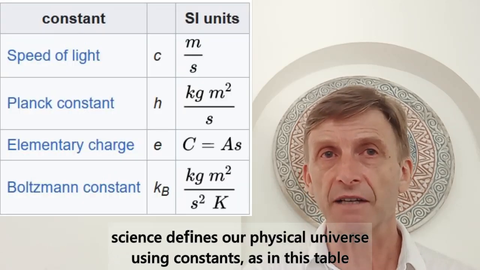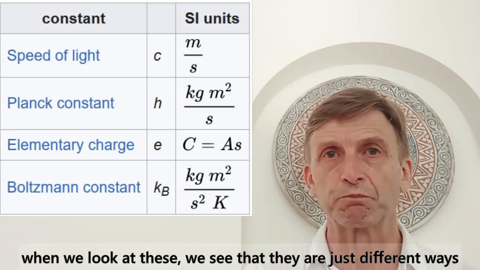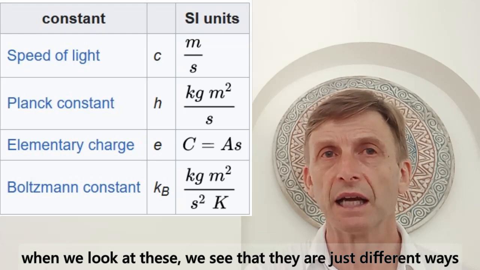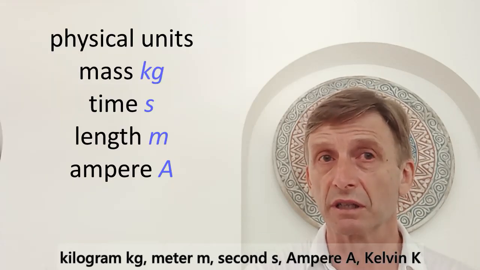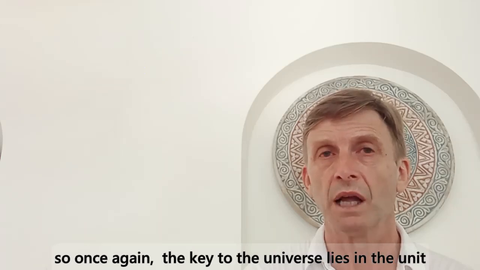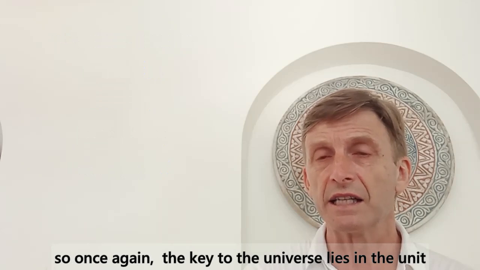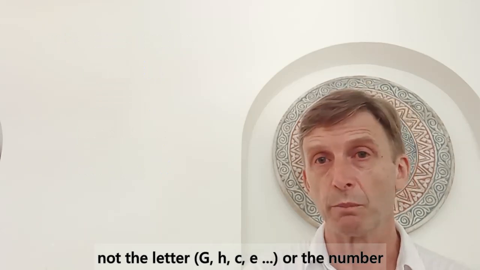Science defines our physical universe using constants, as in this table. When we look at these, we see that there are just different ways to measure the units: kilogram, meter, second, ampere, Kelvin. So once again, the key to the universe lies in the unit, not the letter or the number.